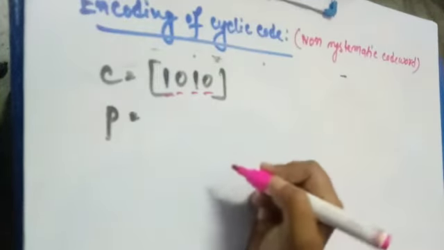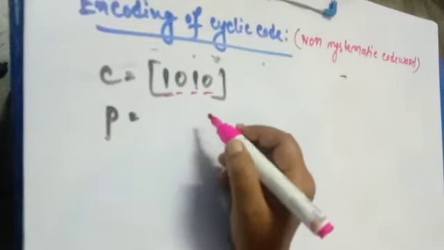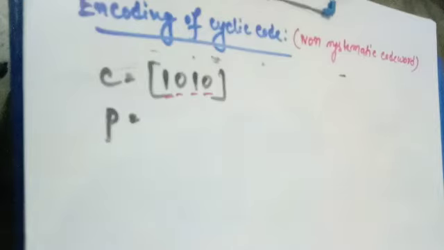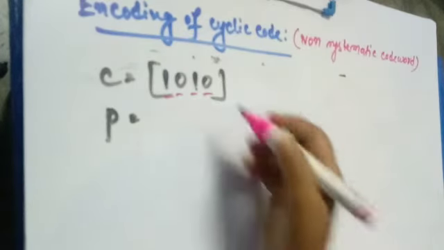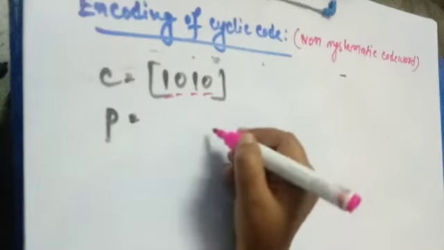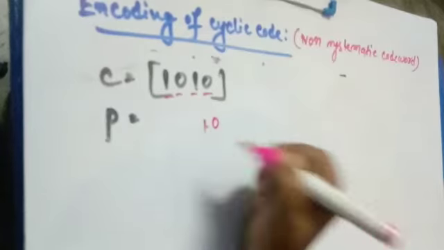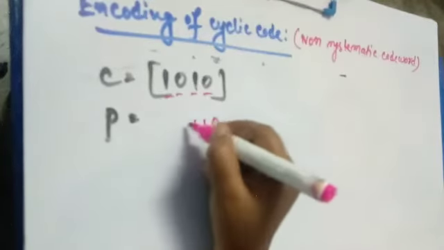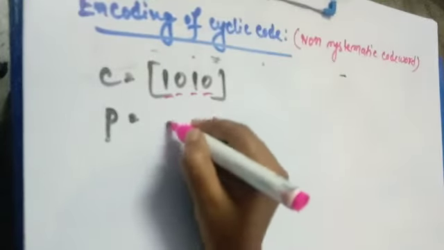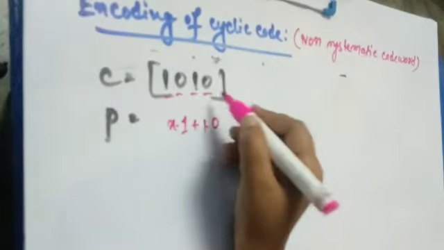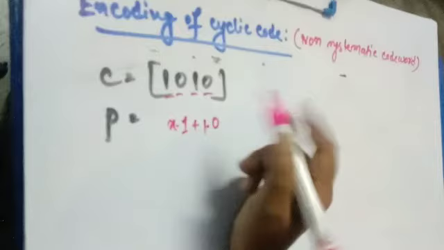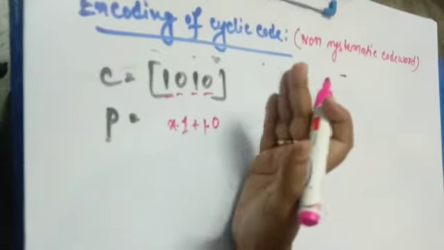The coefficient of the least bit will be multiplied by 1, and the coefficient is 1 always for the least bit.